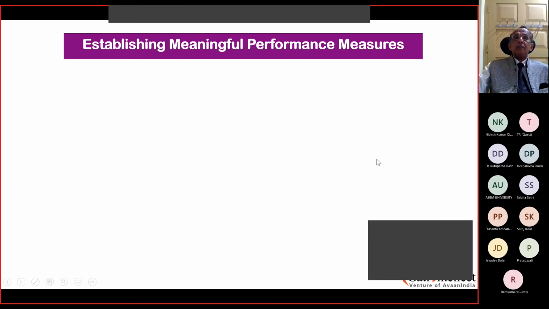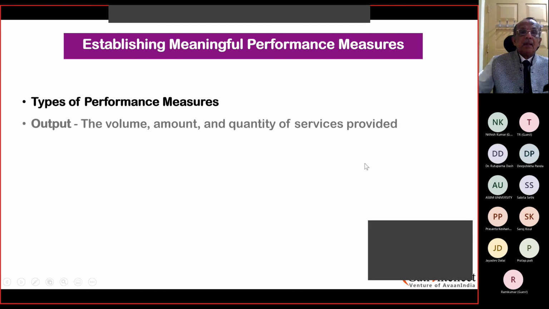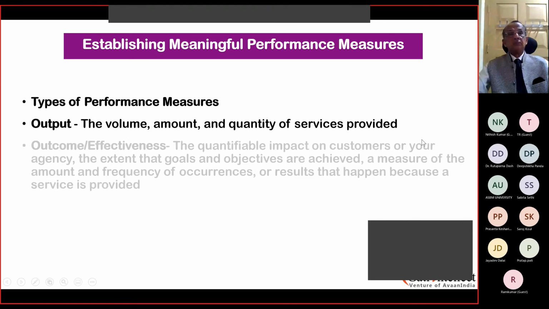Establish meaningful performance measures. What are they? Types of performance measures. Output: the volume, the amount, and the quantity of services provided. Output is something very important. What is the output? The volume, amount, and quantity of service provided.